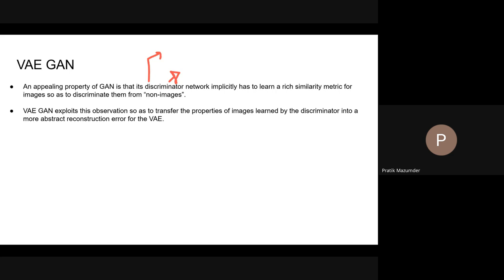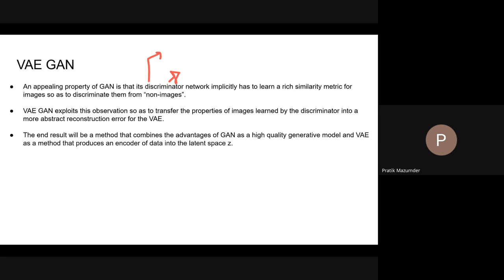That way, a VAE GAN utilizes this property of, at least, the discriminator of your GAN to improve its image quality, and you are supposed to get much better images as compared to a simple VAE. Also, one other advantage of using a VAE GAN is that generally a GAN is very difficult to train. For smaller images, it may still be easier to train.